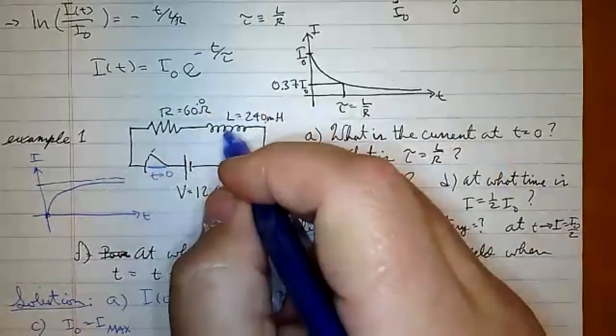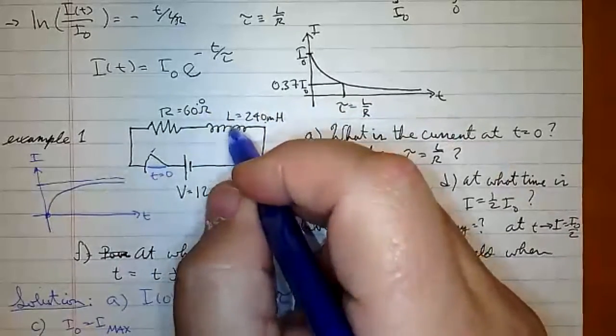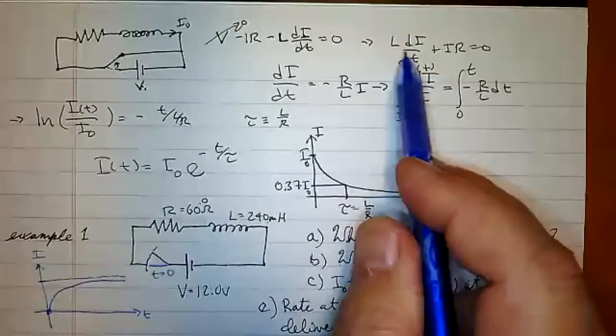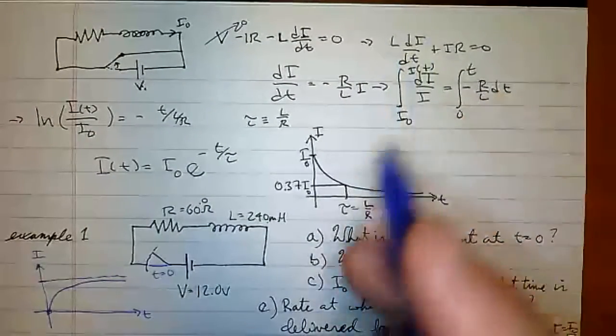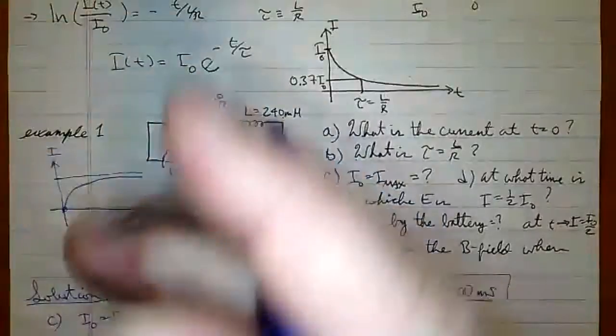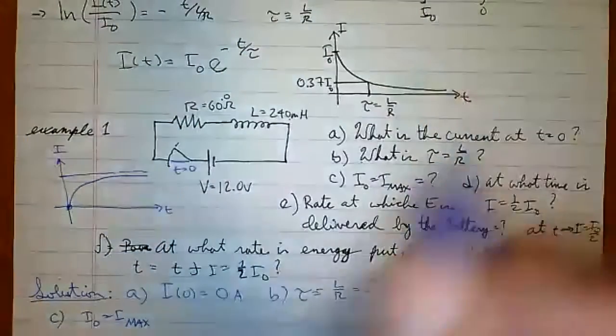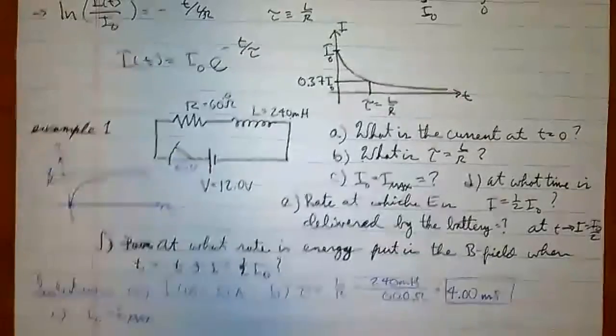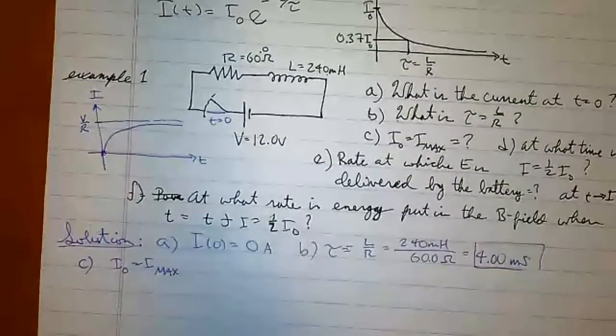Because as the changing current goes to 0, this part of the Kirchhoff loop rule, the L dI/dt, goes to 0. So it's just like you have a regular circuit. You just have V equals IR. So this is, in fact, V over R. So that's what I max is.